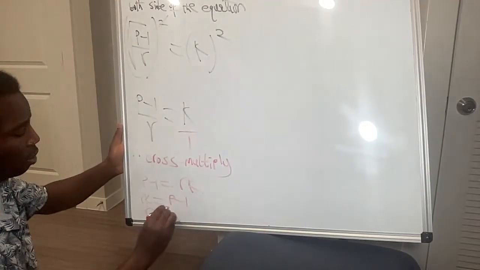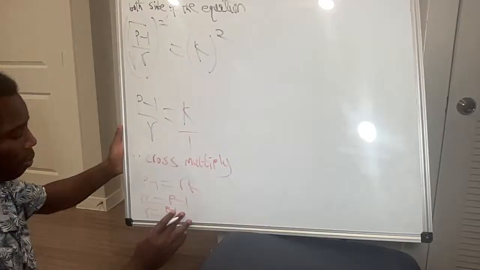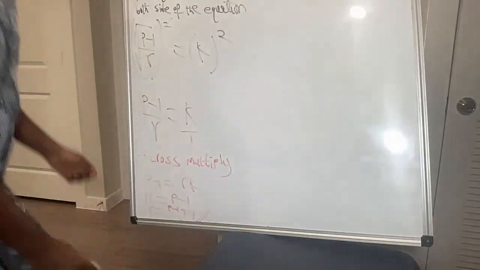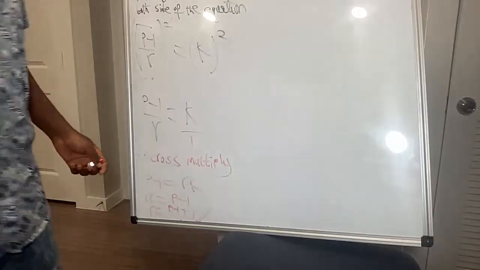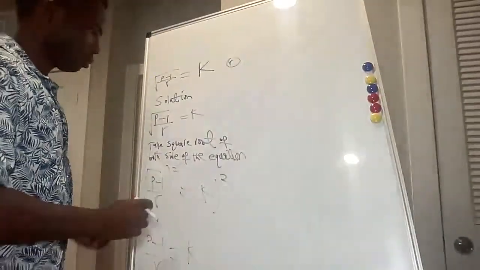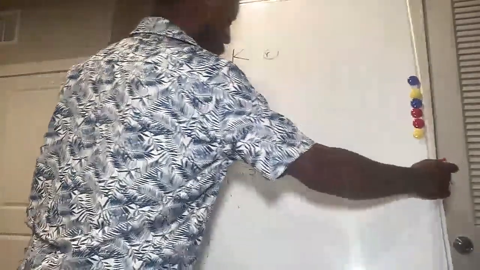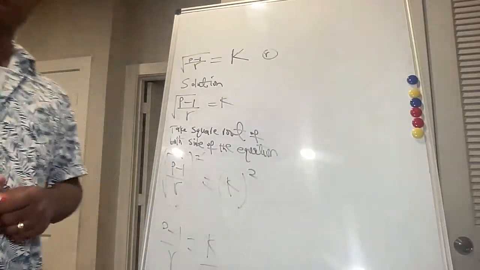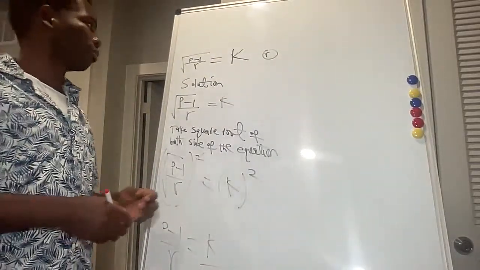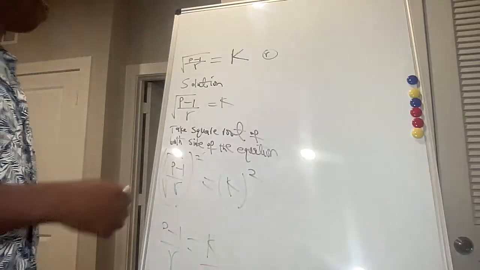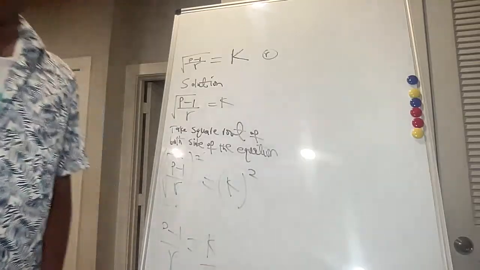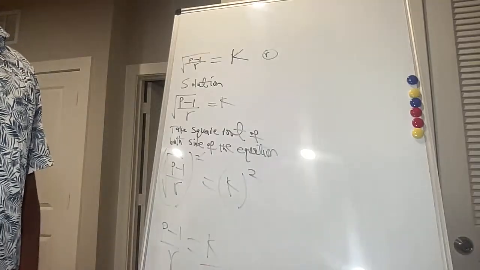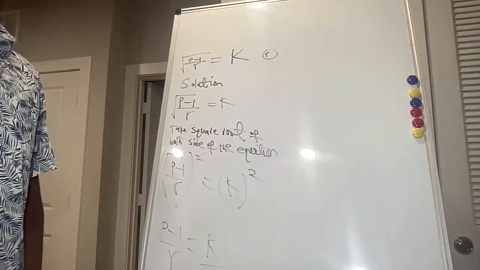R is equal to P minus 1 over K. So this is how we make a particular alphabet the subject of the formula in a given equation.